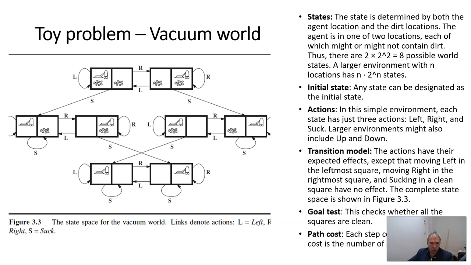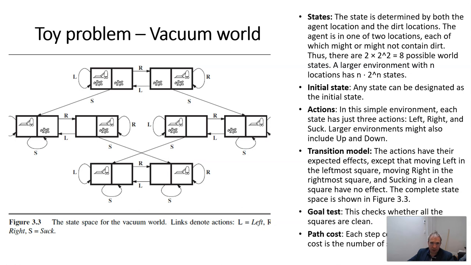Okay, so again, we're familiar with the vacuum world. We have a two-tile world. We have dirt or no dirt in our tiles, and we have a Hoover in one tile. It has a series of actions it can perform, such as left, right, suck, no suck. It has a sensor for detecting dirt. So we'll just go through a few of the properties of this toy problem.